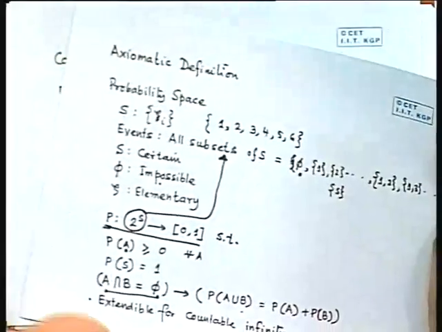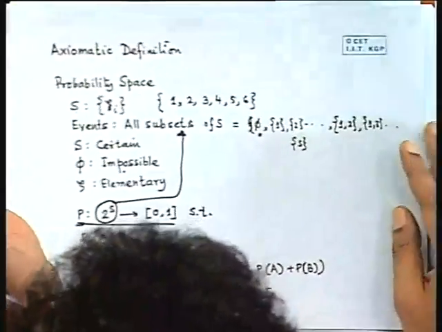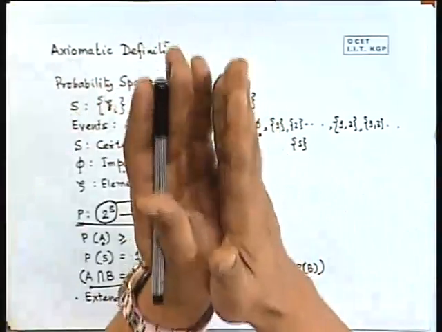There are some very subtle mathematical details which I will skip, which I will not even mention, because they will require some understanding of things, especially real analysis. You have to know what are open sets, what are closed sets, what is their convergence, what is uncountable union, countable union.